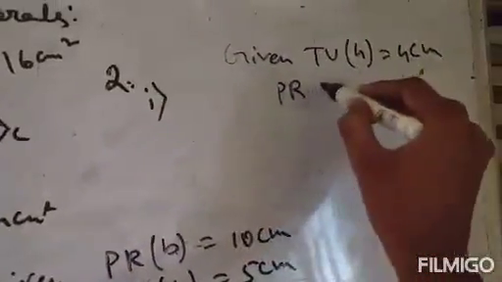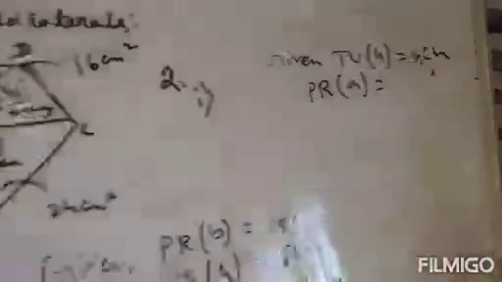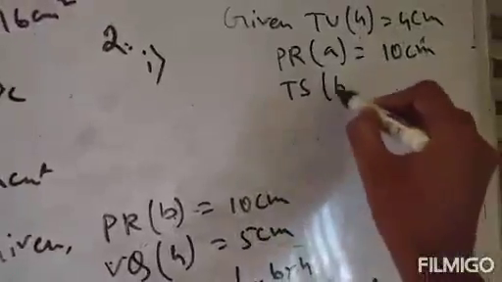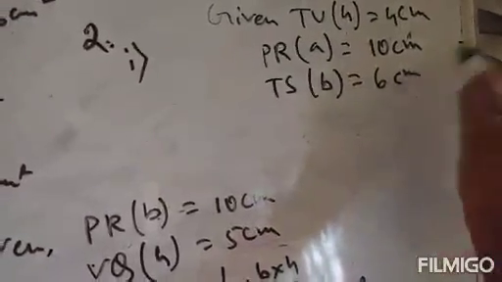Clear? The sum of parallel sides: one parallel side TS is 6 centimeter and another one PR is 10 centimeter. If I consider PR as A, it is 10 centimeter, and the other parallel side TS as B, that is 6 centimeter.